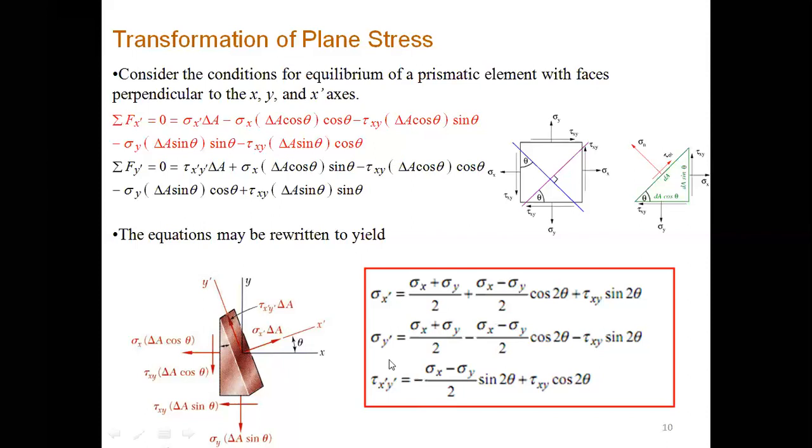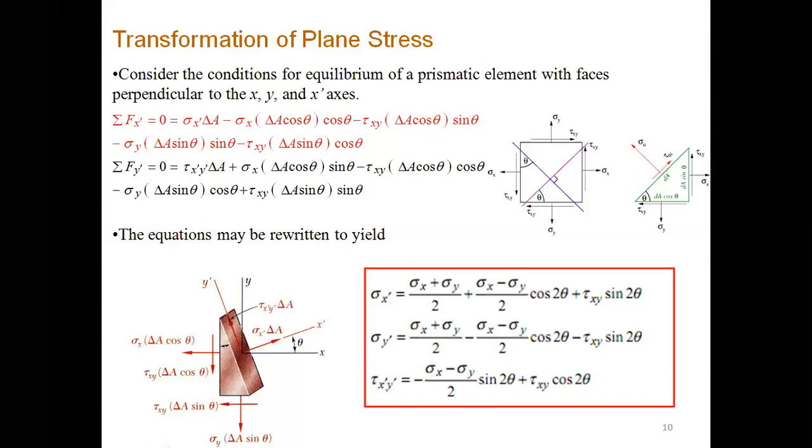The new coordinate frame is x prime, y prime. In this new coordinate frame, which is at an angle of theta, you could use these analytical models to find out the stress values in any other coordinate frame. Theta could be anything; it could range from 0 degrees to 360 degrees.